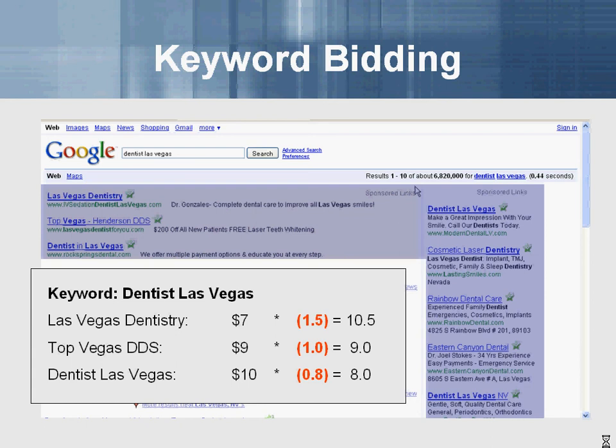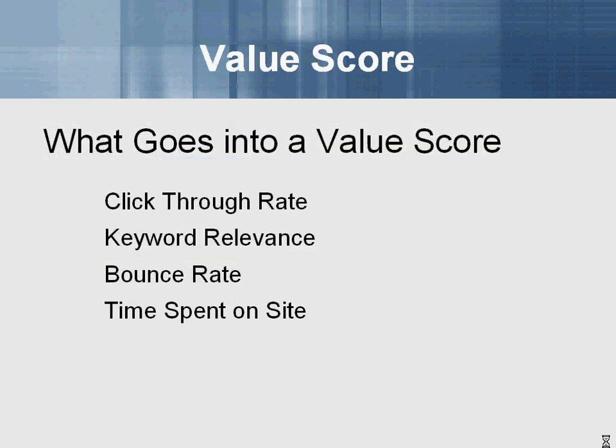So what is a value score? What does Google talk about when we bring up value score? Well, remember, Google's job is to bring very qualified listings, very qualified websites, quality information to people that have typed in something. And what they always don't want to do is have bad ads appear for certain keywords, because then people won't click through them, or people will stop using Google and Google will lose money.